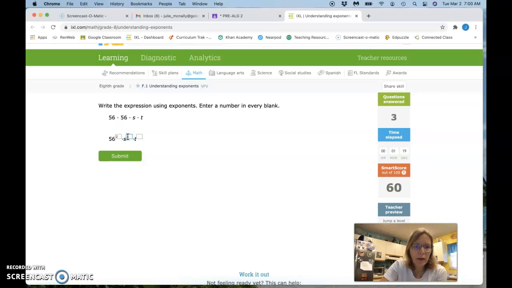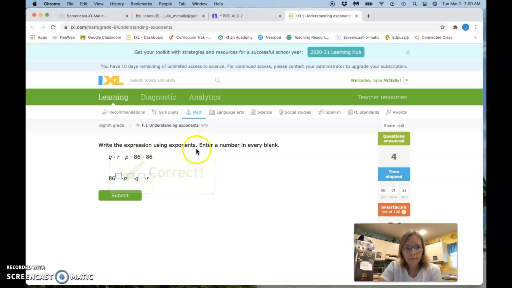I see 1 S. And I see 1 T. And now they're just mixing up the order, but you're still counting how many of each one you see. So I see 2 of those, and I see 1 of these. I see 2 45s, and I see 2 M's.